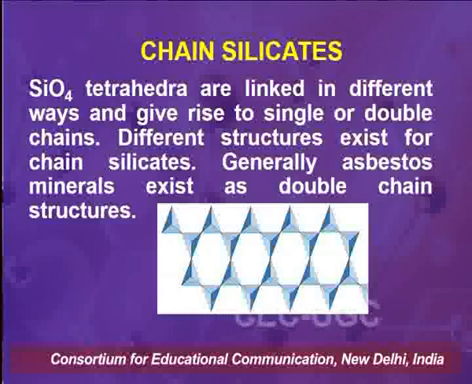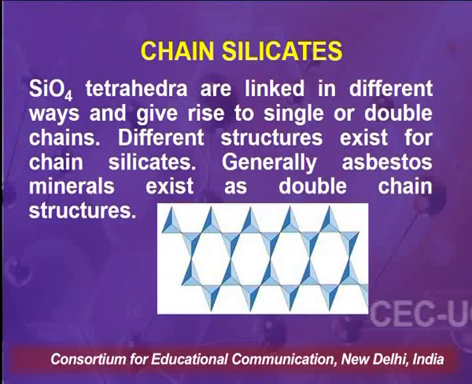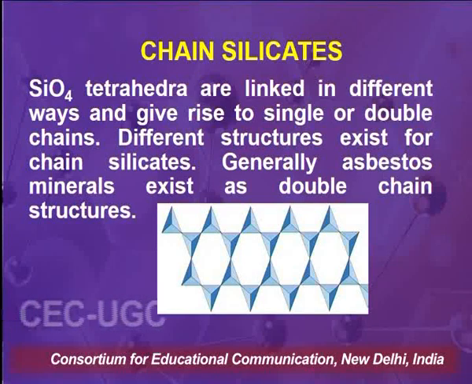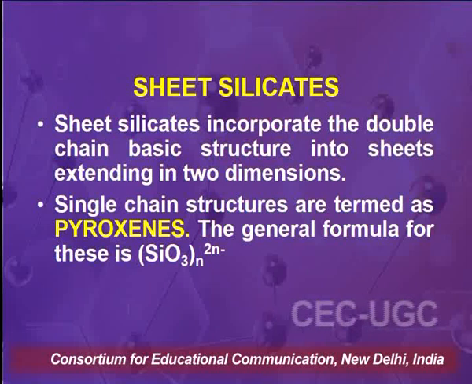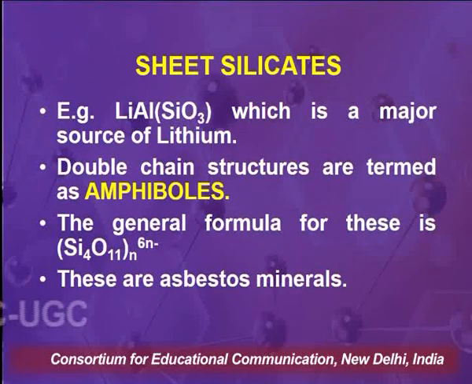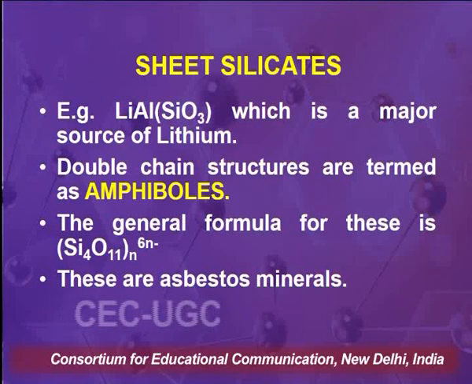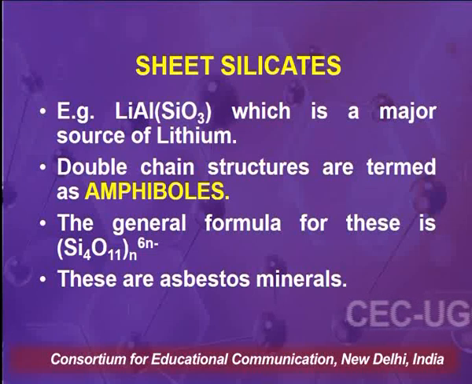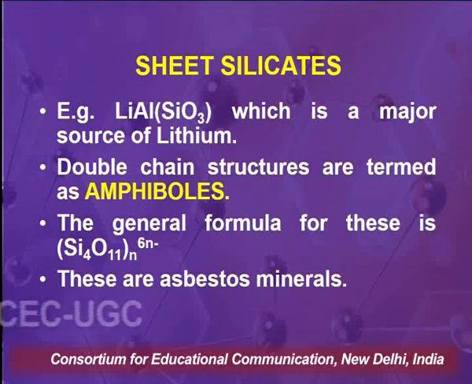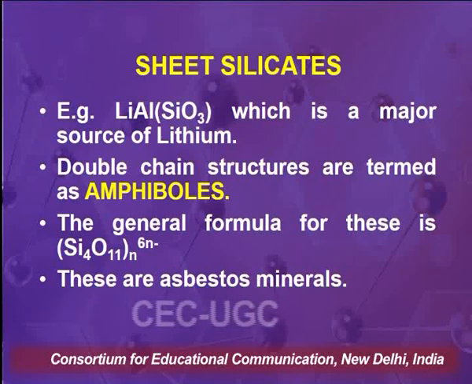If we take the figure and consider the top layer, that is a single chain silicate called pyroxene, and the general formula for pyroxenes is (SiO3)n^2n-. For example, lithium aluminium silicate, which is a major source of lithium, is a single chain silicate. Double chain structures are termed amphiboles.